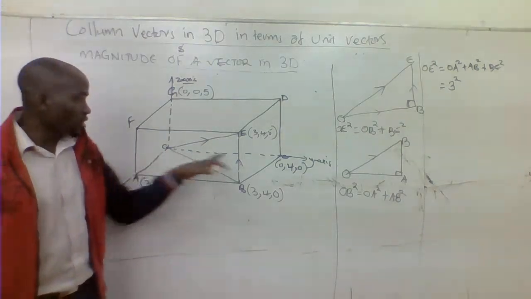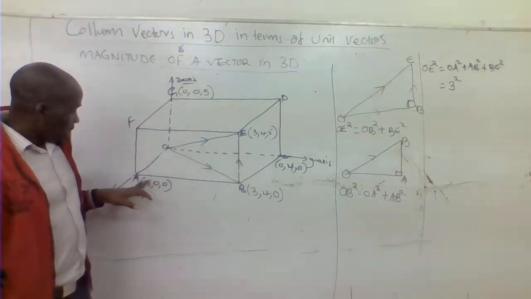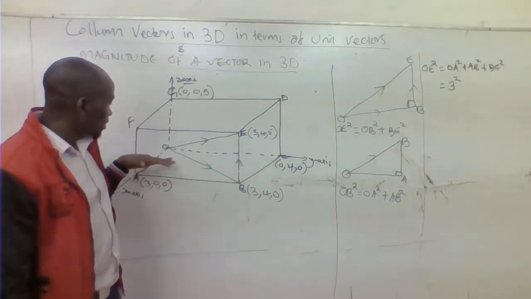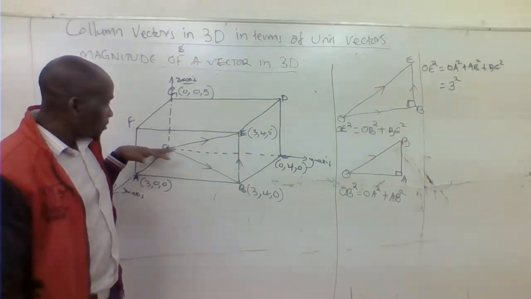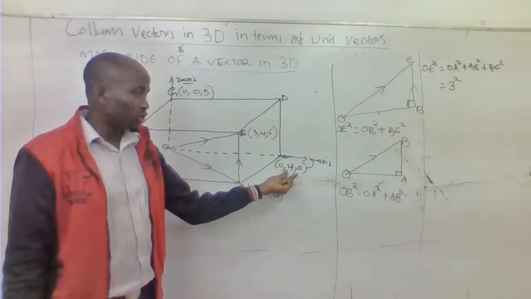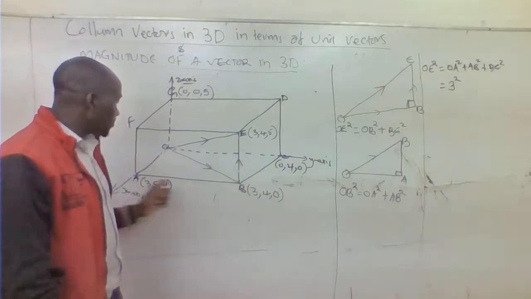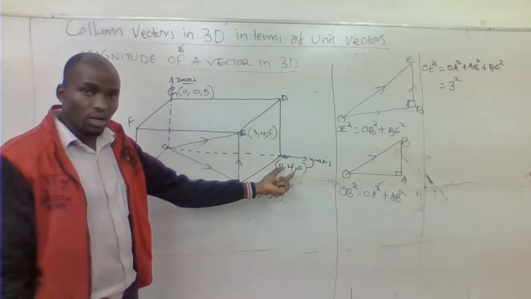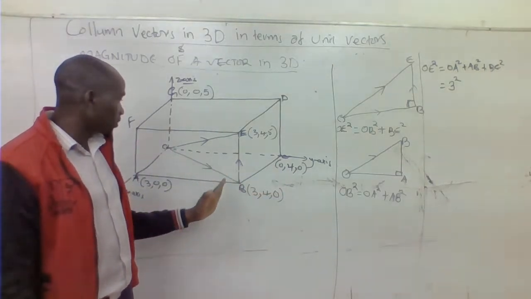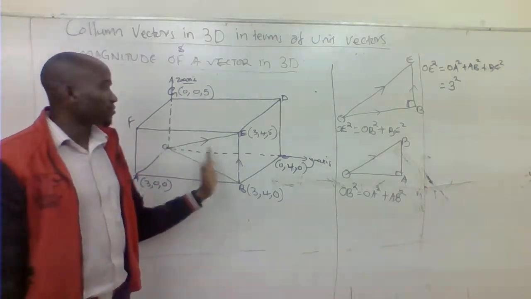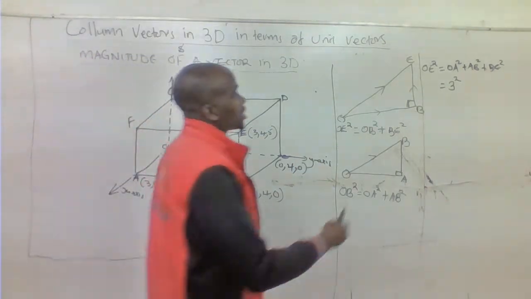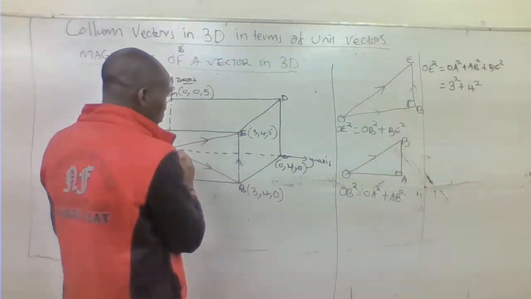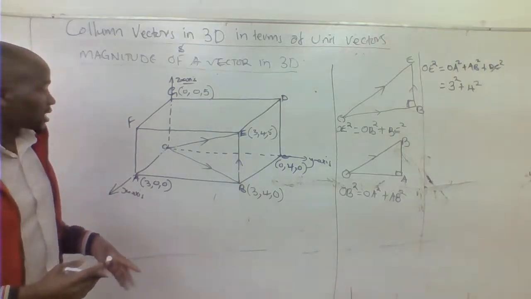AB is parallel to OC, meaning AB is displacement along the y-axis, and along the y-axis, point C is 4 units from the origin. So AB squared is the same as OC squared, so here I'm going to get plus 4 squared, because AB equals OC since those lines are parallel.